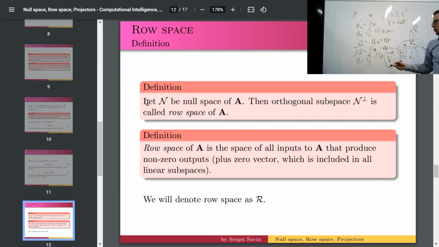Now, we know that this would have to be in the subspace, which is not the null space, because if it was in the null space, it would have landed here, because this is a projection operator.